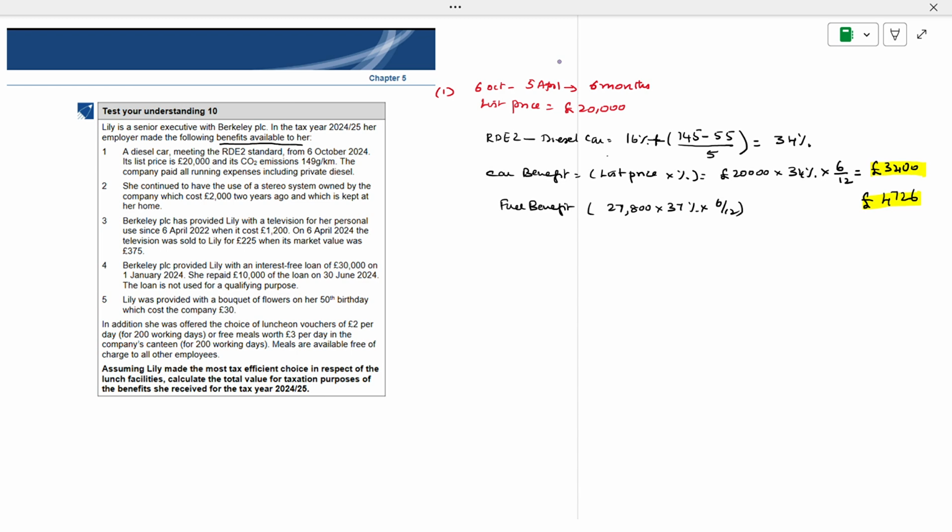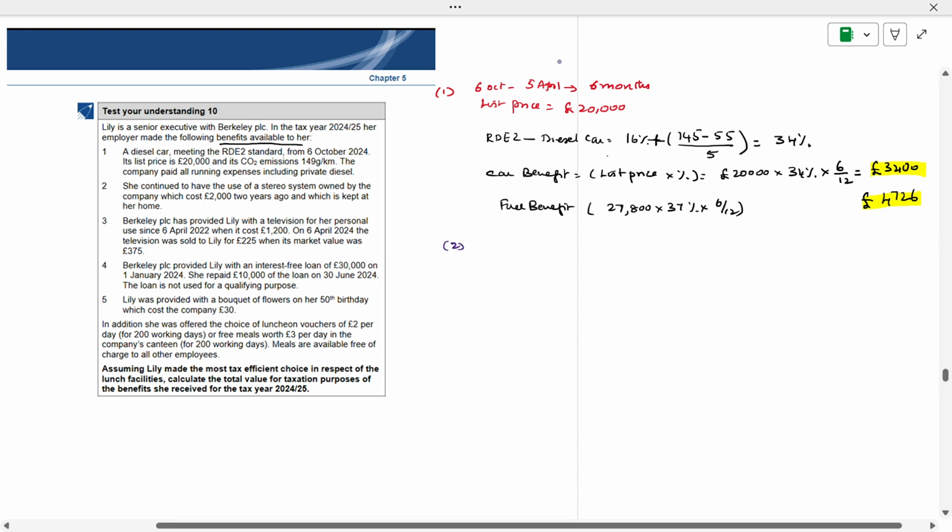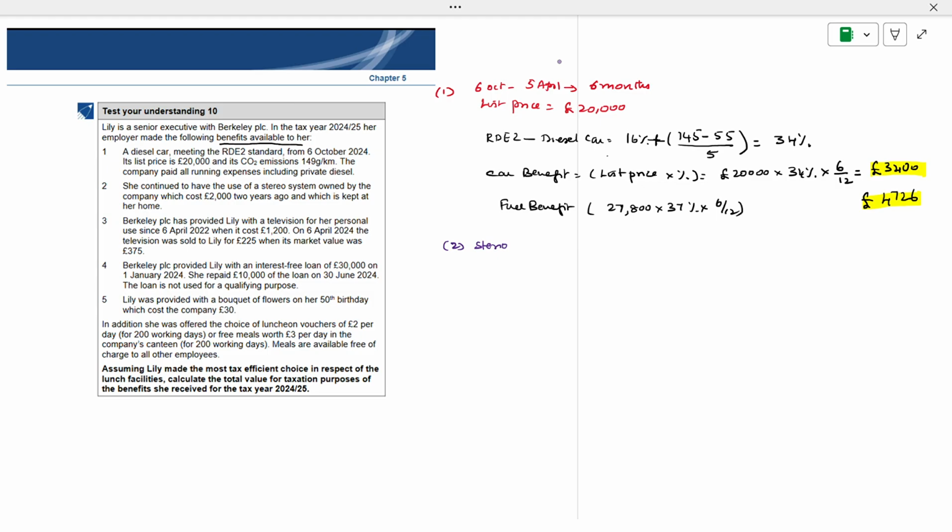Now, what is point number 2? Stereo system. It is a fixed asset. How much do you have to calculate?